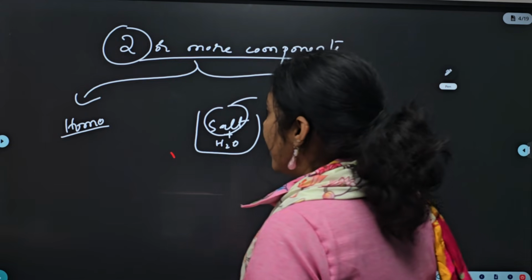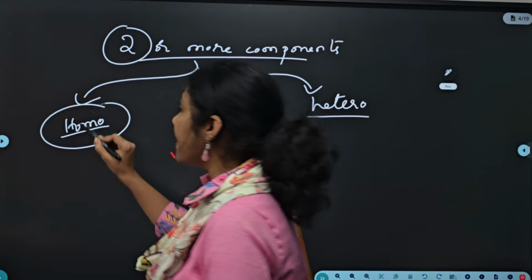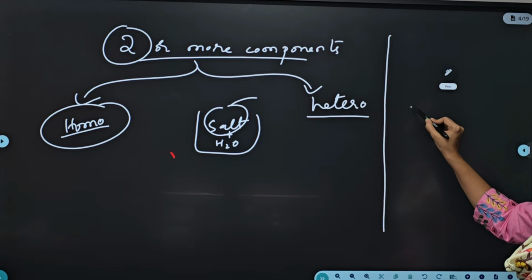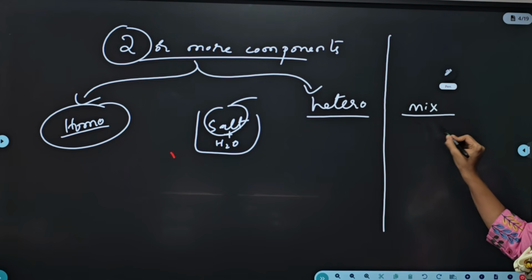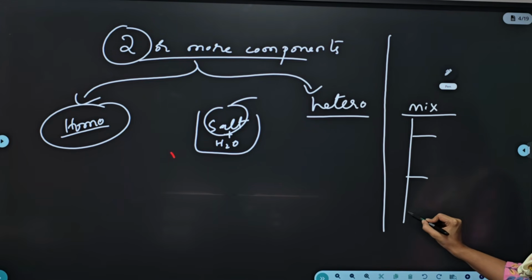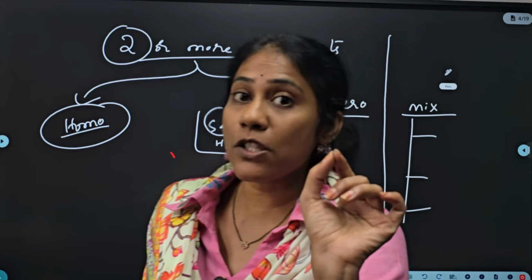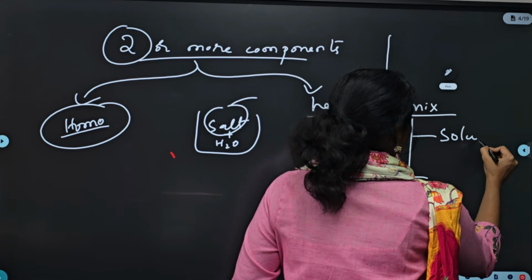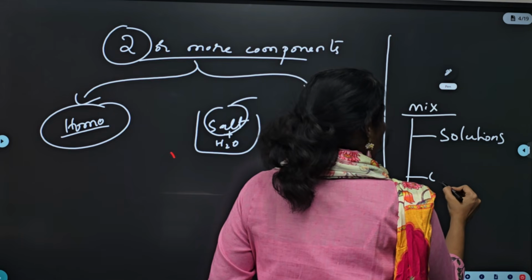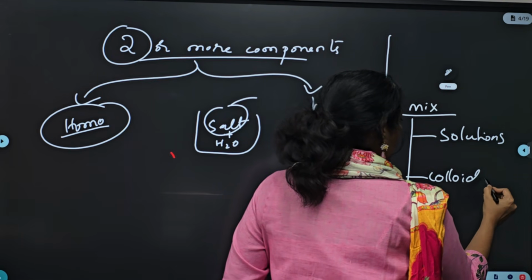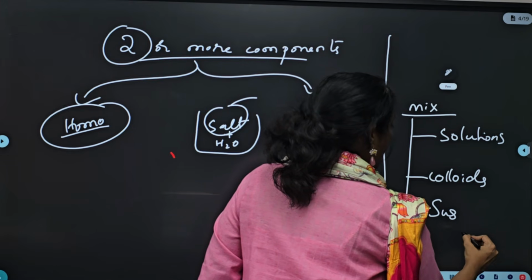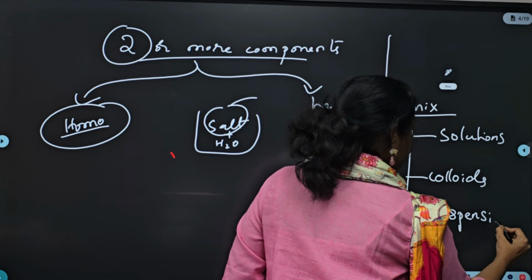So I have already told you mixtures can also be divided into three categories based on the size of particles, isn't it? You have solutions, you have colloids, very important, all of which we will discuss a little later, and you also have something called suspension.